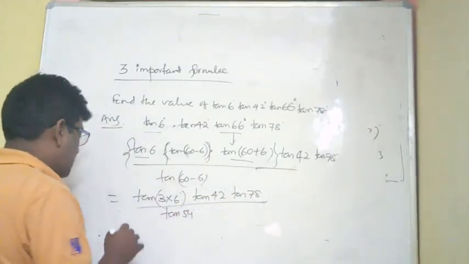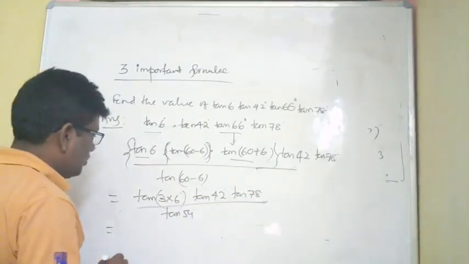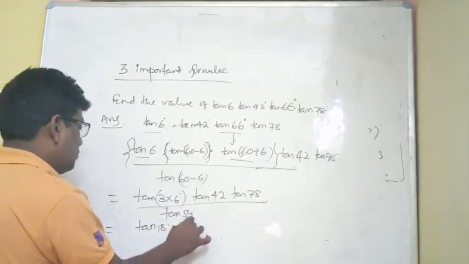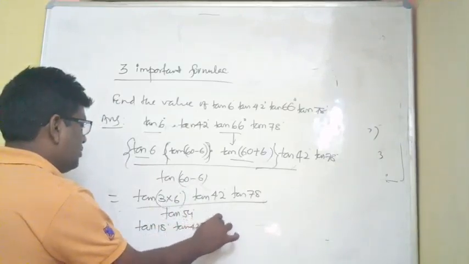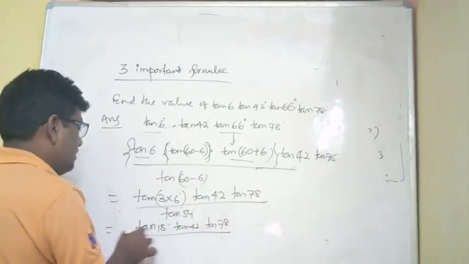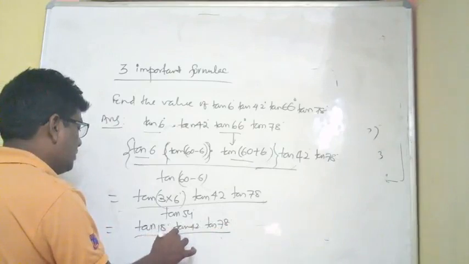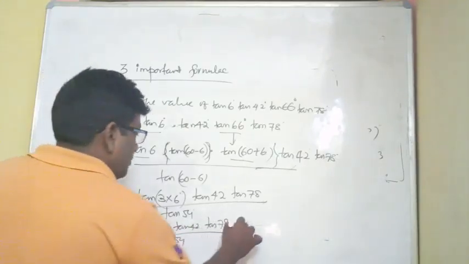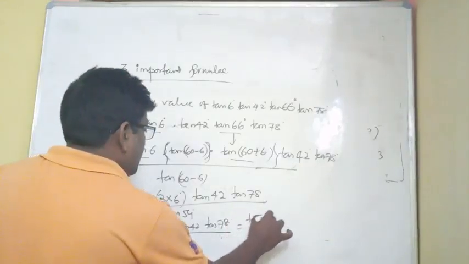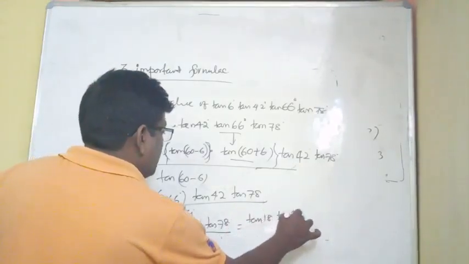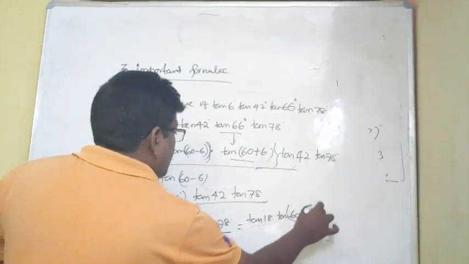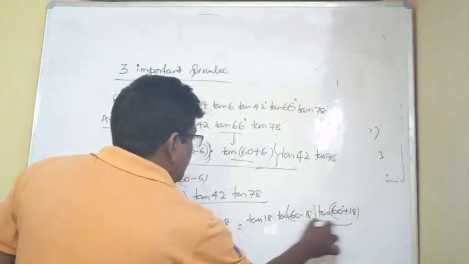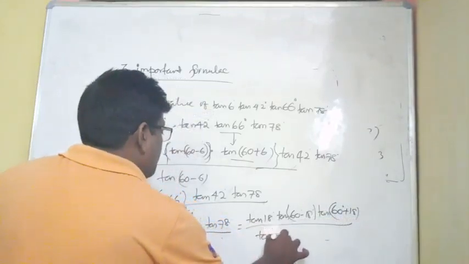This is equal to tan 18° tan 42° tan 78° by tan 54°. We can write tan 18° tan(60° − 18°) into tan(60° + 18°) divided by tan 54°.